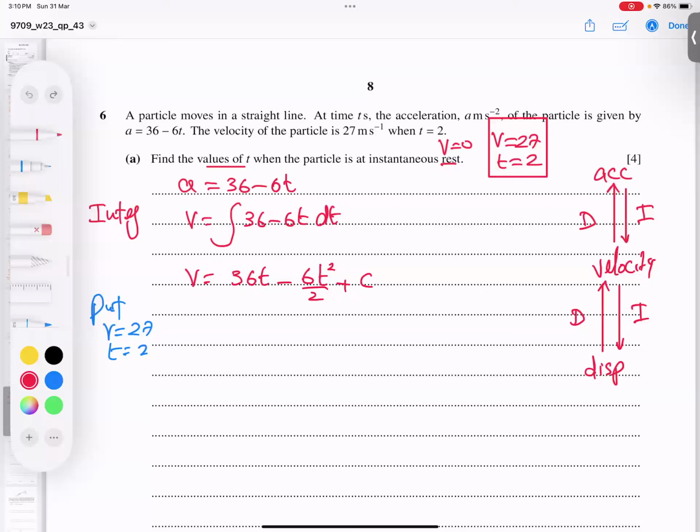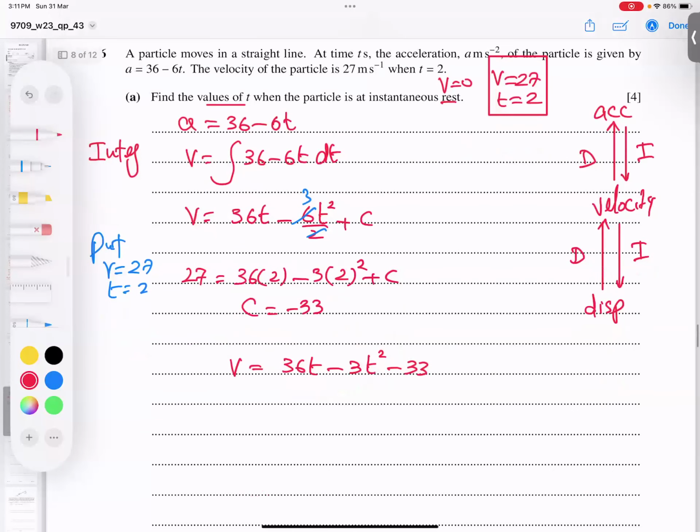So when I plug in, 27 equals 36 into 2, minus 3 times 2 squared, plus c. If I bring all these values to the left side, 27 minus 72 plus 3 times 4, which is 12, I get negative 33. So the c value is negative 33. I plug this back into the equation: velocity equals 36t minus 3t squared minus 33.